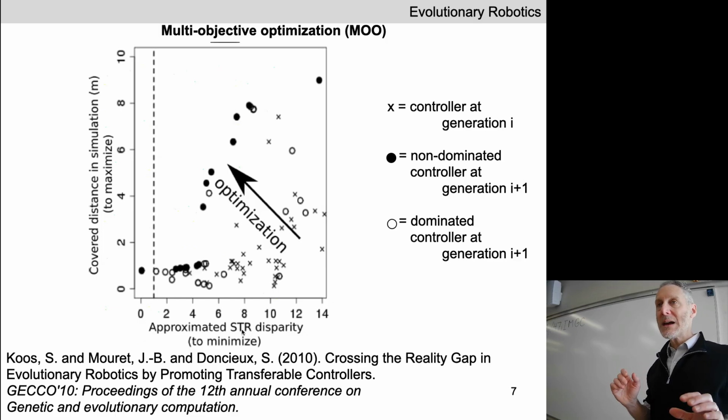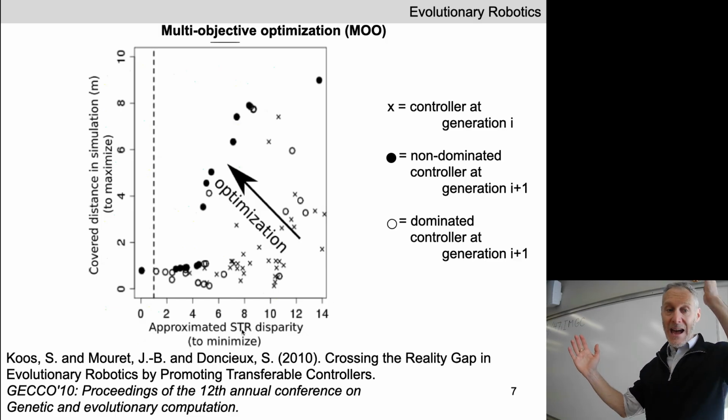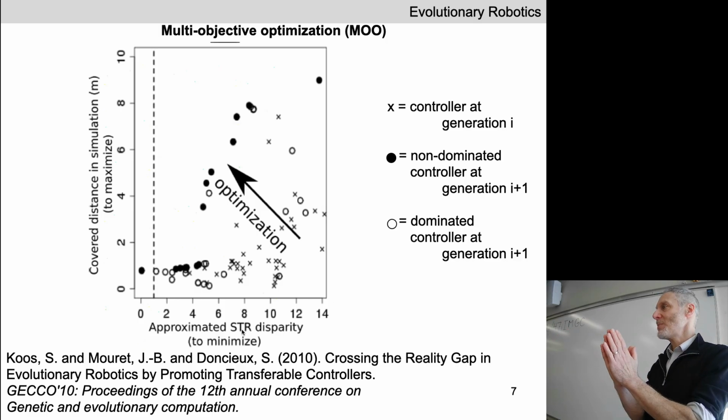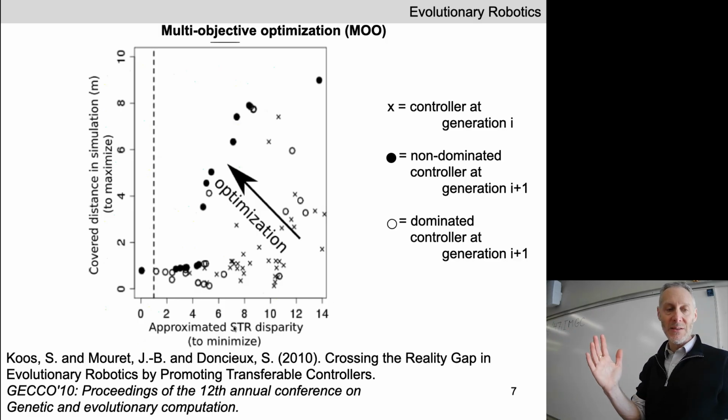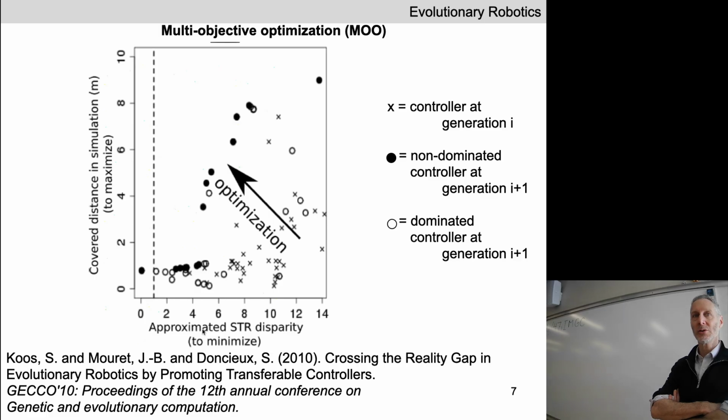So we can measure transferability as minimizing the disparity between how the robot behaves in simulation and how it behaves in reality. So they're going to approximate or estimate it before they send it to reality. How might you go about estimating the transferability of a controller before sending it to reality? It feels like a bit of a chicken and egg problem. Any ideas?